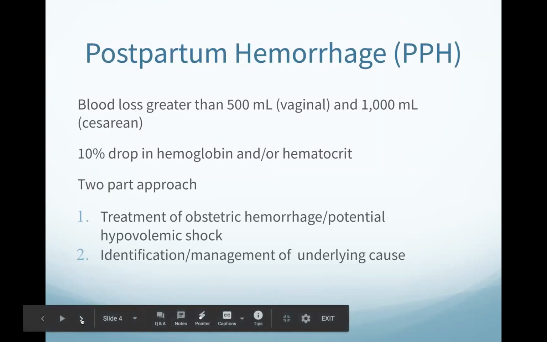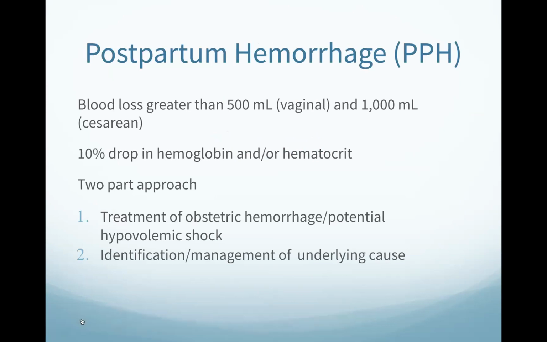Okay, so chapter 14 starts off, we're going to talk about postpartum hemorrhage. The definition is blood loss greater than 500 milliliters vaginally or 1,000 milliliters cesarean. Take a two-part approach to this. Think about first aid. If you see somebody bleeding, you're not going to be like, well, why are they bleeding? What caused that to happen? Did they fall from a tree?